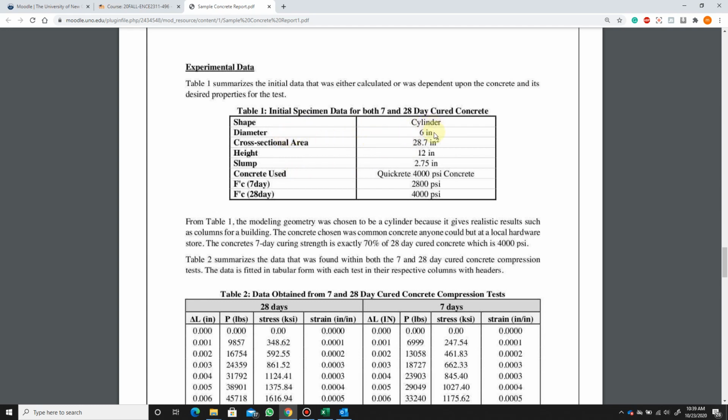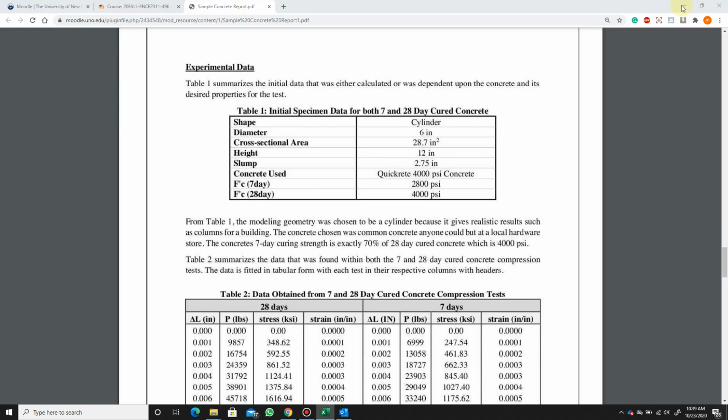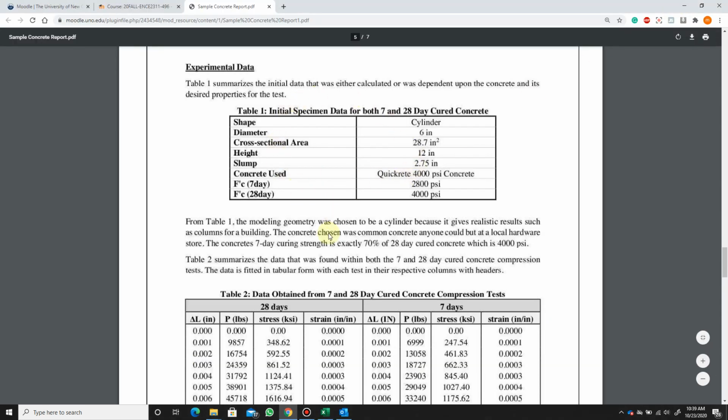The shape was a cylinder and the diameter was 6 inches. The cross-sectional area is calculated as pi d squared over 4. You can look at this equation right here: 3.14 times diameter squared divided by 4. So basically you can copy and paste these sections, and if you need to add the concrete modulus of elasticity, you can also add it onto your table.